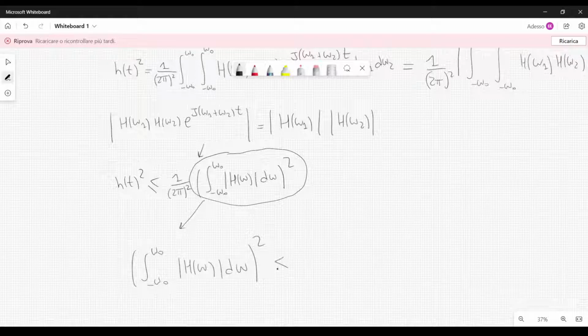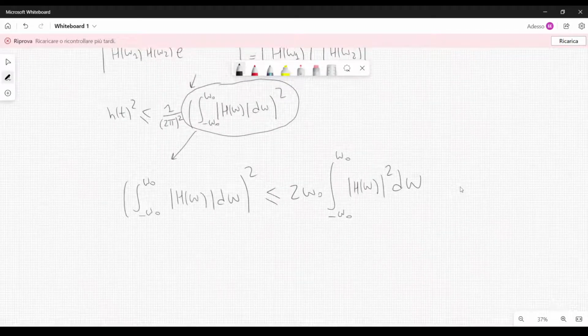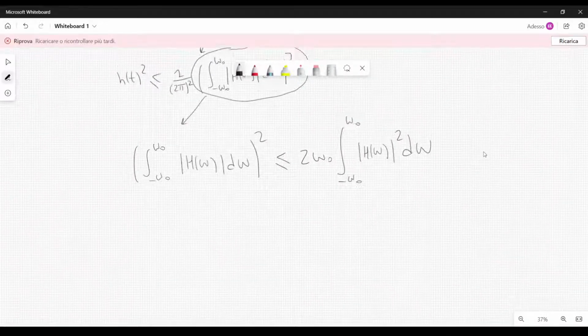We can show that this is less than or equal to 2 omega naught times the integral from minus omega naught to omega naught of mod of h of omega squared d omega. And we will show it straight away. We'll prove it right now.